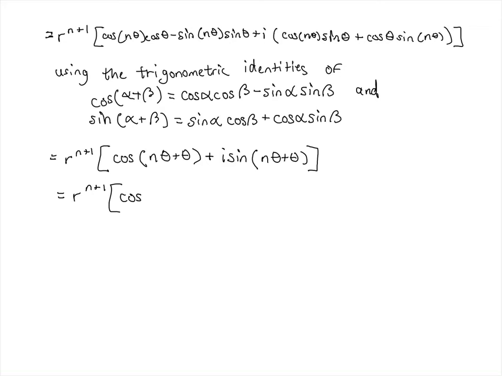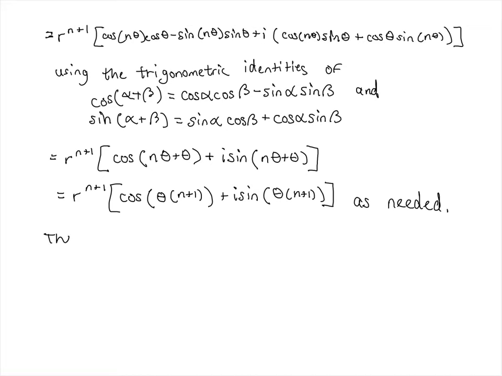So you're going to have cosine of theta times n plus 1 plus i sine, and do the same thing here, theta times n plus 1. Right? And that's exactly what we needed. So here, I'm going to write as needed.